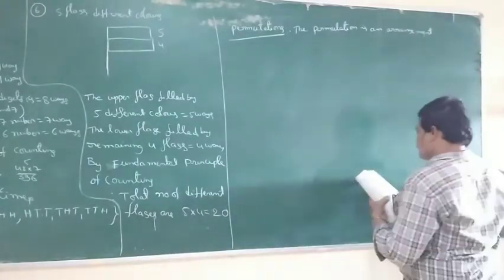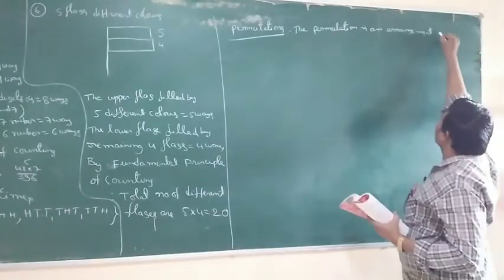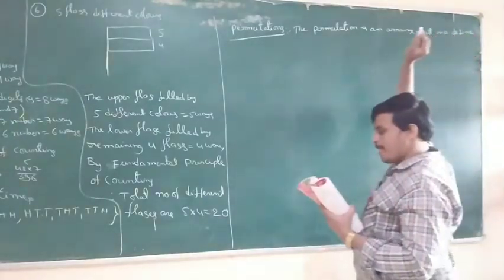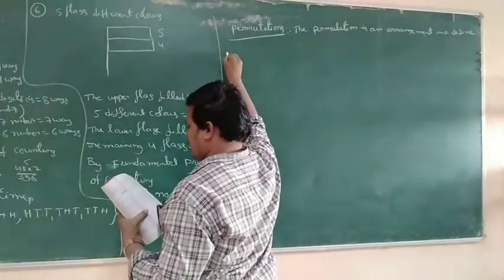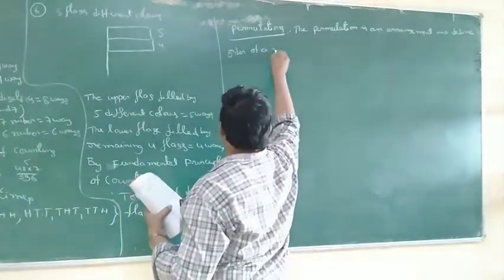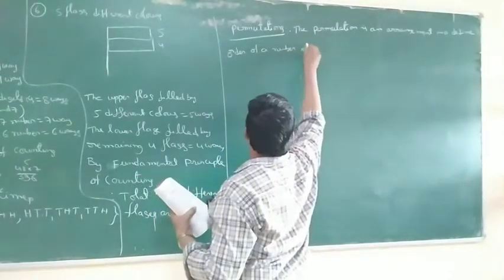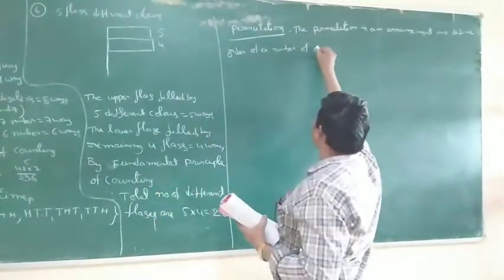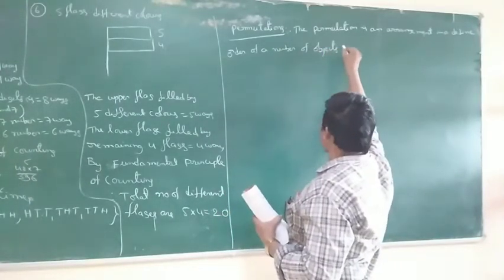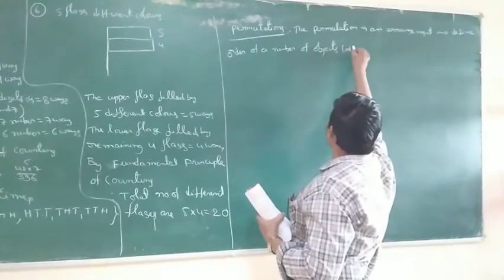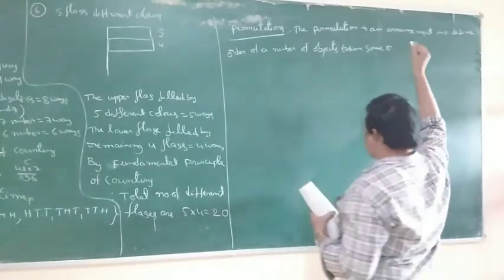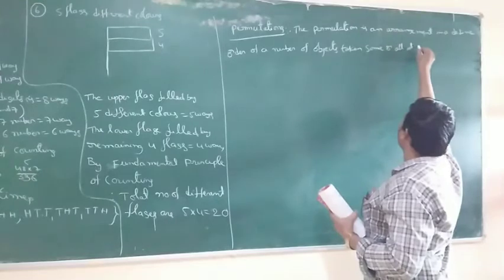The permutation is an arrangement in a defined order of a number of objects taken some or all at a time.